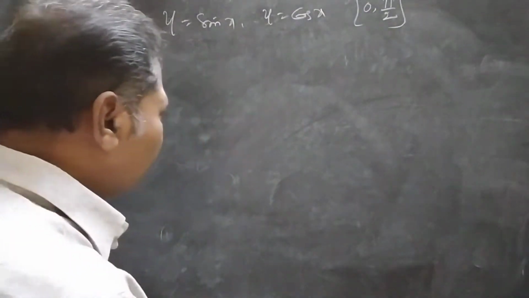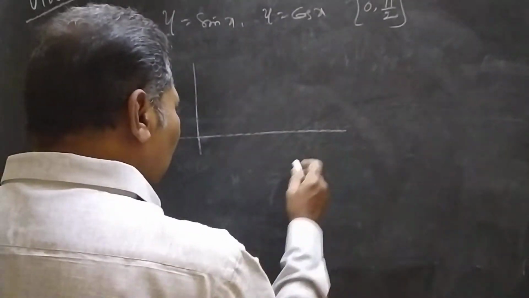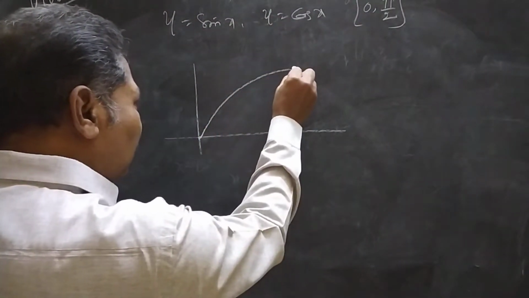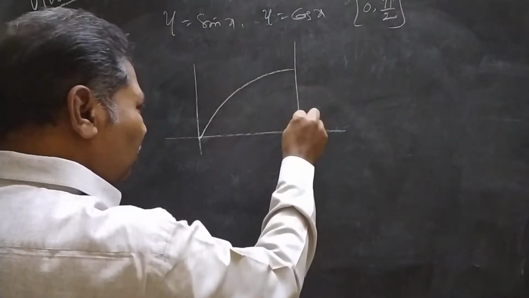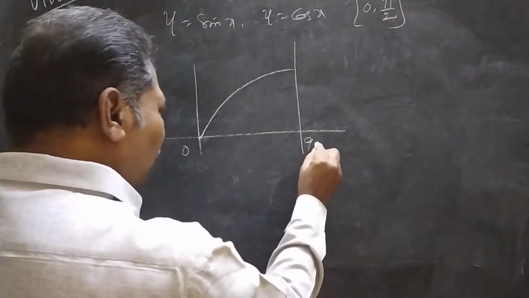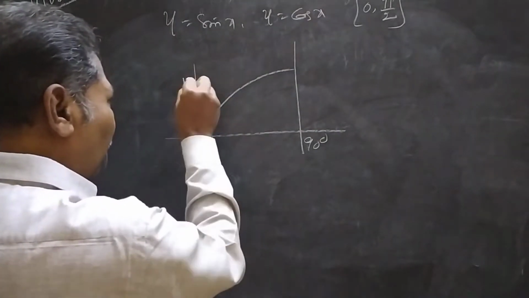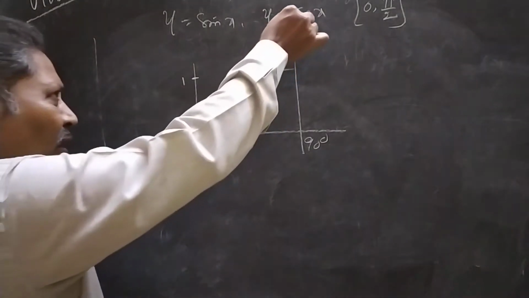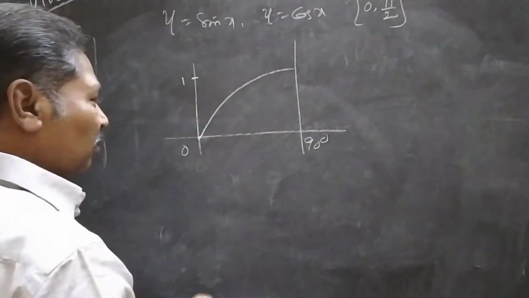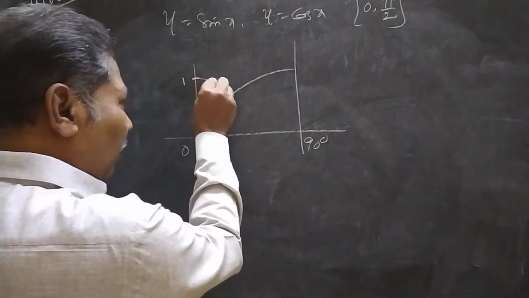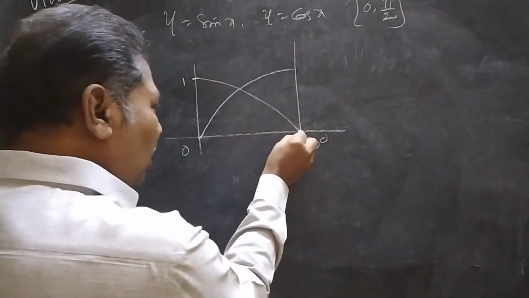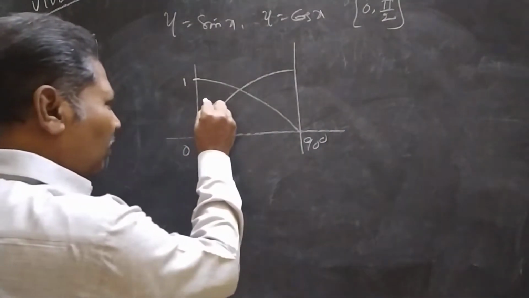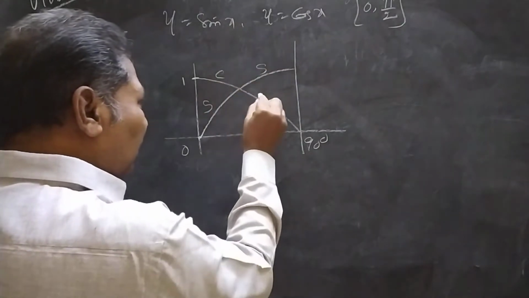See the sine curve: sin 0 is 0, sin 90 has value 1. Draw the cos curve: cos 0 has value 1, cos 90 has value 0. This is the sine curve, and this is the cos curve.